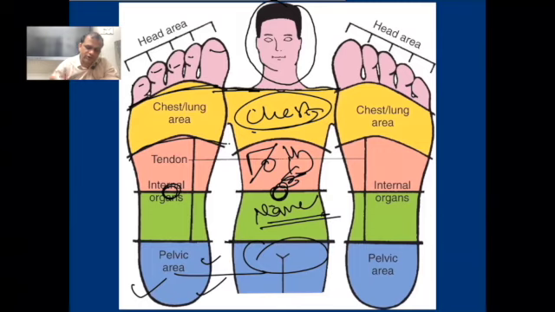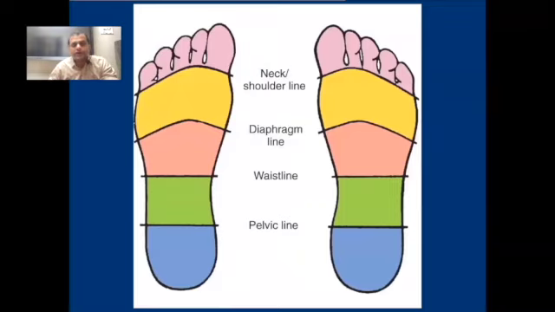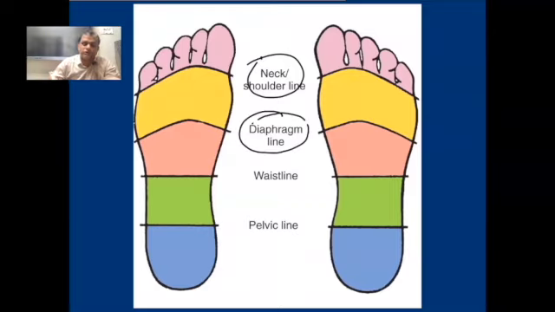So look at it once again here. In this way, first we have to remember the stimulation technique, then divide the foot with the help of 4 lines: the neck and shoulder line, then the diaphragm line which separates the chest from the abdomen, then the navel, and at the level of the navel we have the best line.